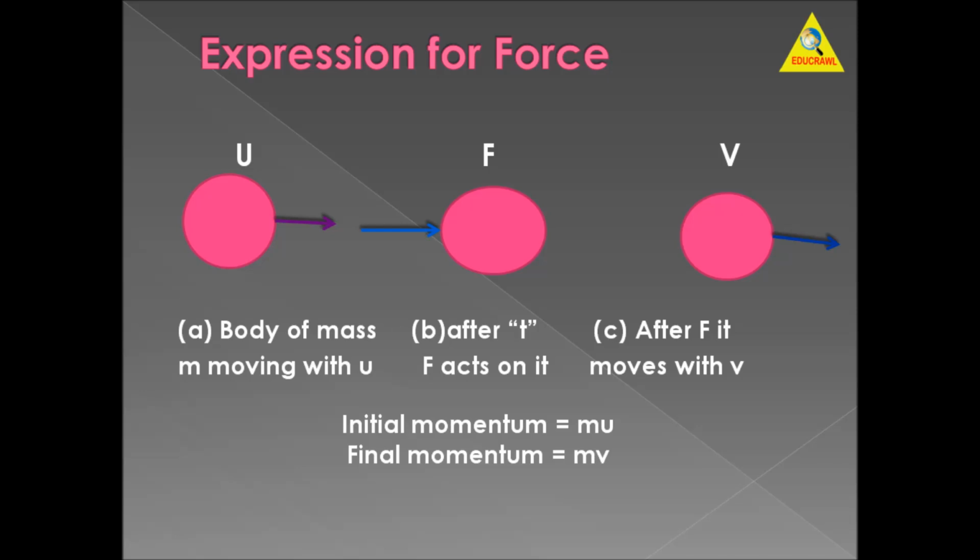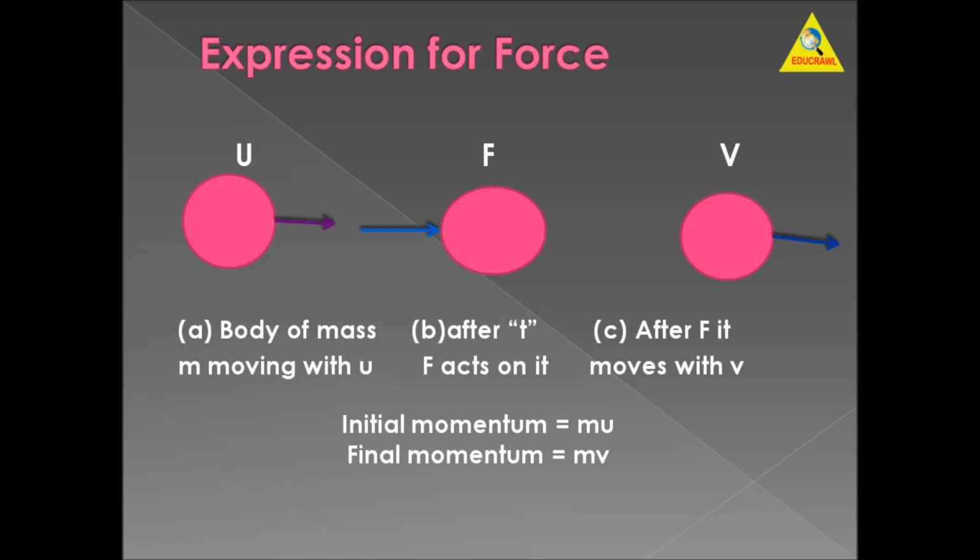Now I am going to explain Newton's second law, and using the second law we will find an expression for the force. So for that, consider an object of mass m which is moving with the velocity u. Here u represents the initial velocity. After a small time interval t, a force acts on it. Now the object moves with the final velocity v.